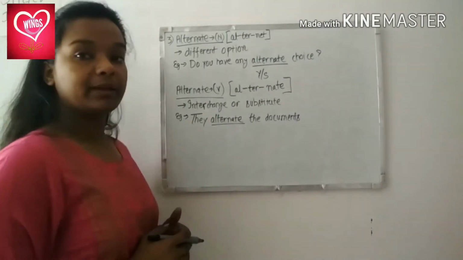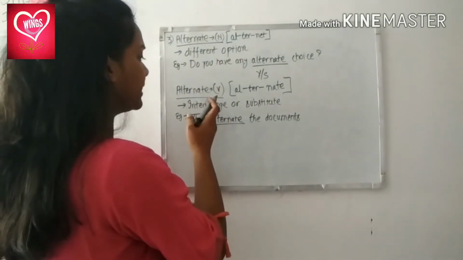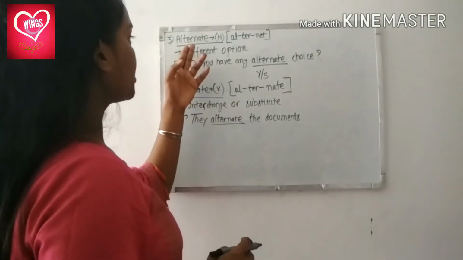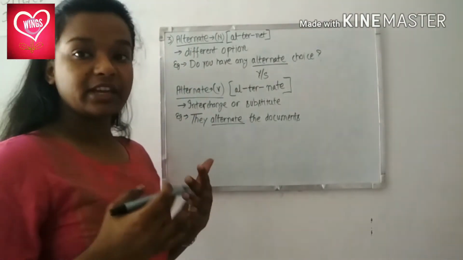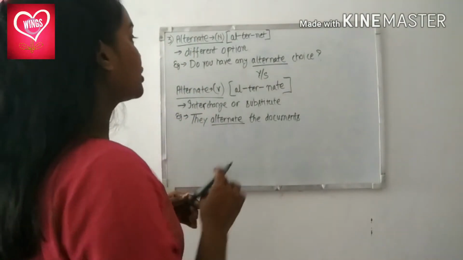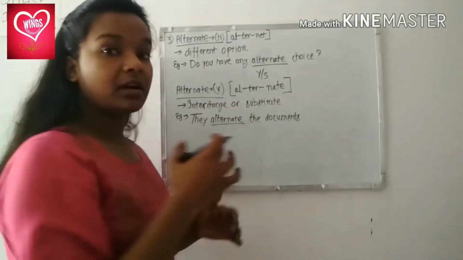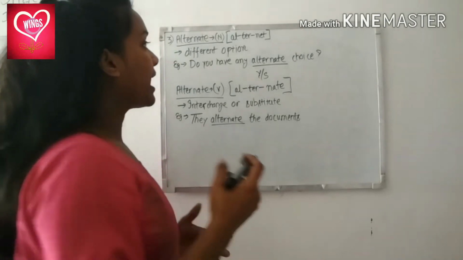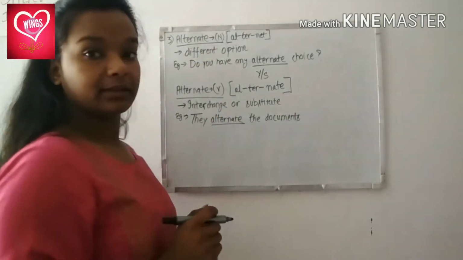The third example is alternate versus alternate. The first one, spellings are same but the pronunciation is different. The first one is pronounced as alternate, and it is a noun which means different option.